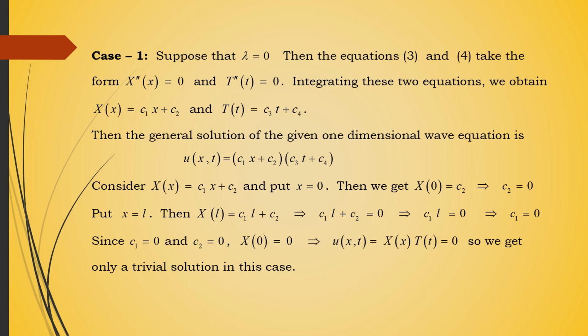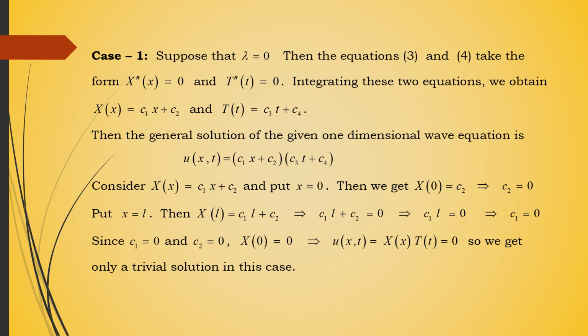Now, X(x) = c1x + c2. Put x = L. Then we get X(L) = c1L + c2. Here, X(L) is 0 and c2 is 0. If we substitute those two values, we obtain c1L = 0.